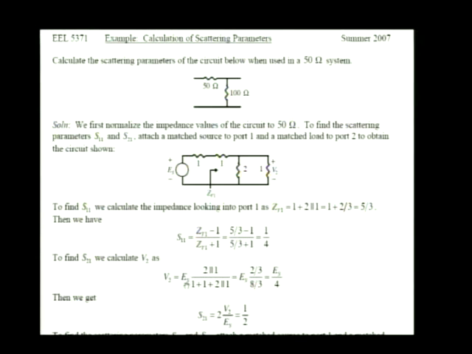Well, let's see. V2, I can use voltage division to find V2 in terms of ES. Because the voltage ES is divided between a voltage across these 2 resistors.